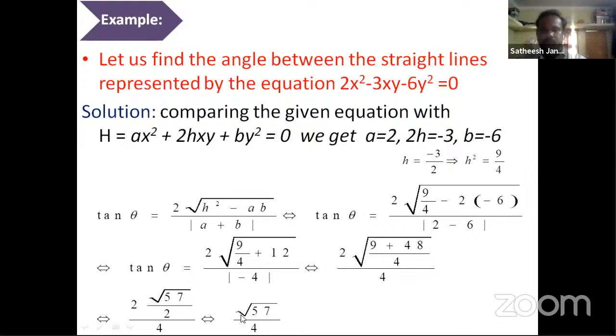The 2 and 2 get cancelled. The total value is the square root of 57 by 4. What is the value of tan theta? Tan theta is equal to the square root of 57 by 4. From this, what is the value of angle theta? Theta is equal to tan inverse of the square root of 57 by 4.